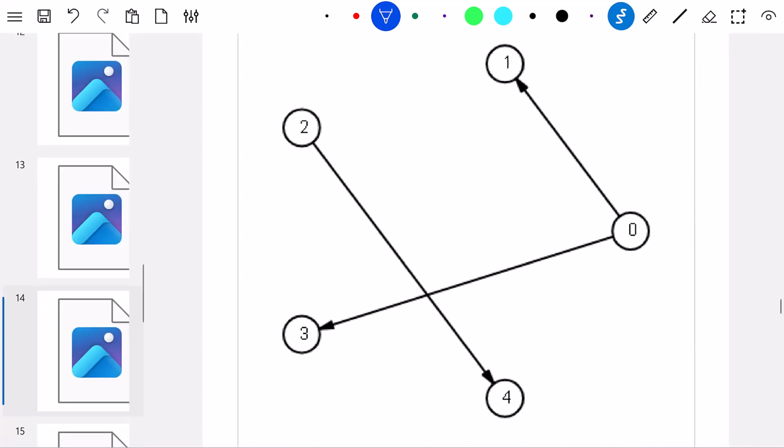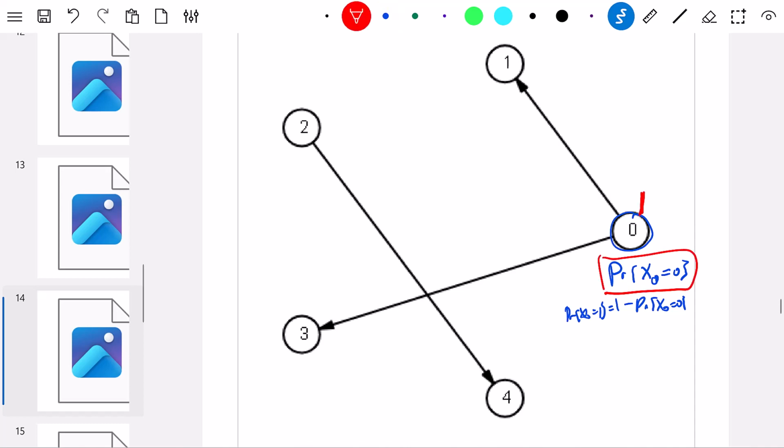Starting from x0, we just need to store the probability of x0 being 0, because the probability of x0 being 1 is just 1 minus that. So again, we just need one of them.